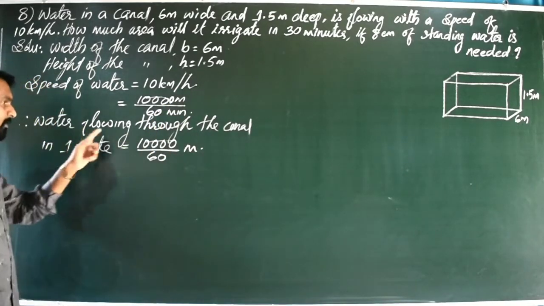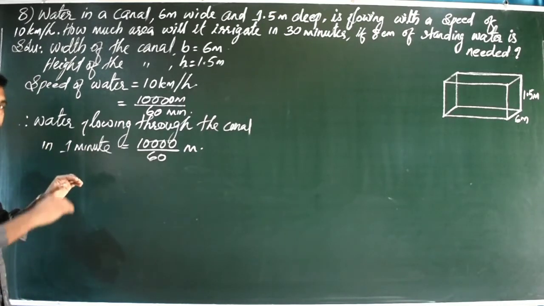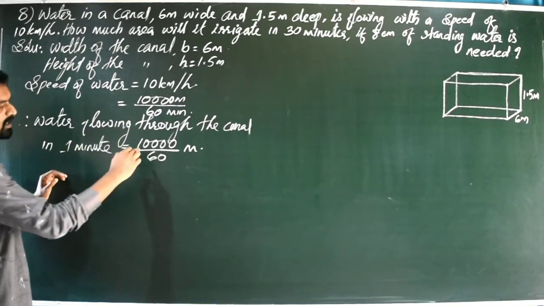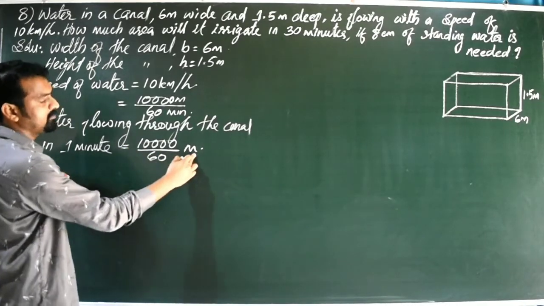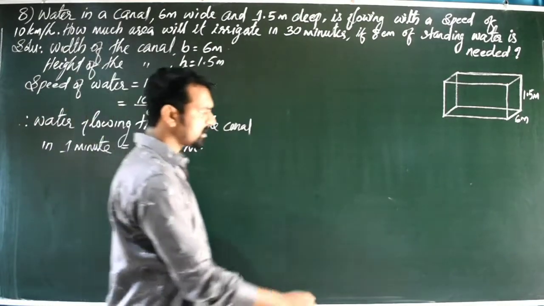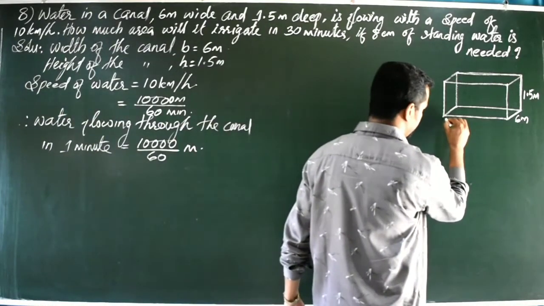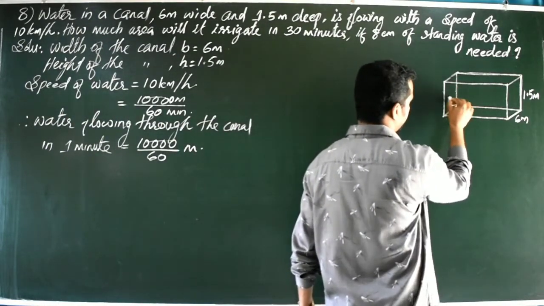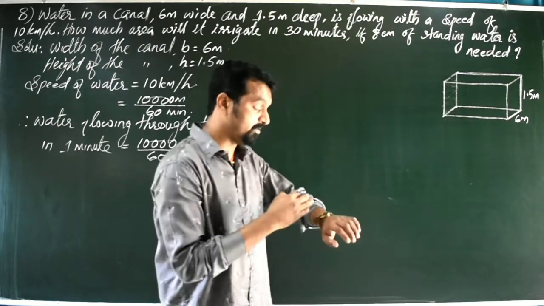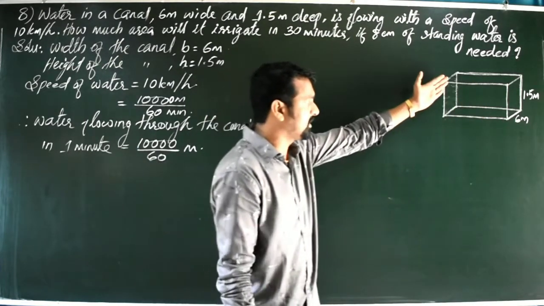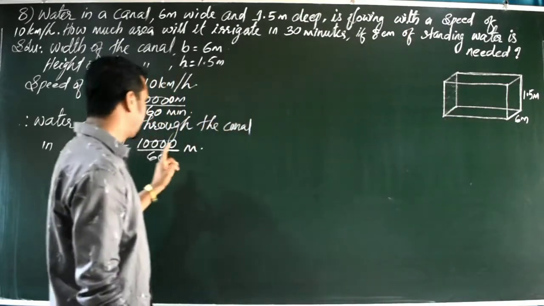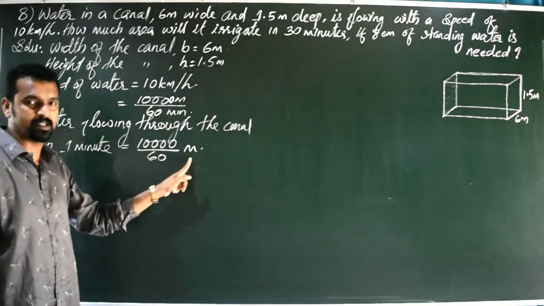So in 1 minute it will cover 10,000 divided by 60 meter, flowing through the canal. Suppose we close here, then we check the timing and open here. After 1 minute it will cover 10,000 divided by 60 meter.